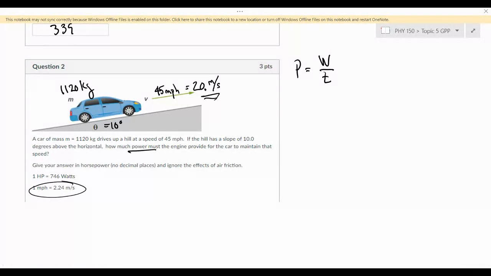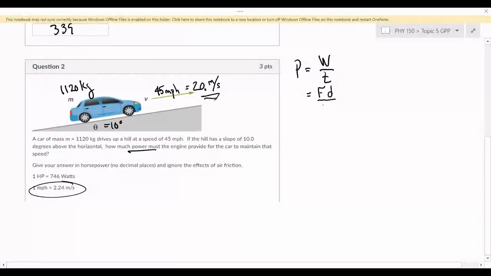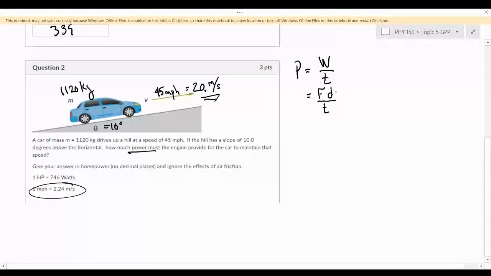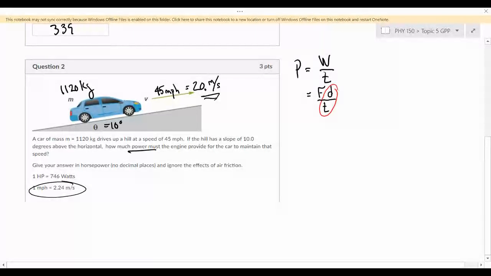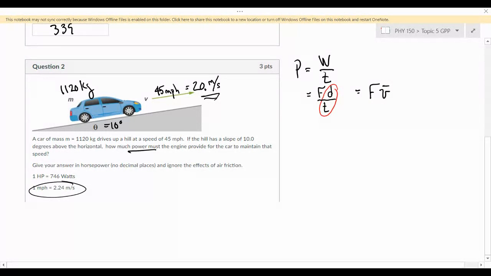Let me expand this out. Work is really force times distance, that's the definition of work, divided by time. And distance divided by time is in fact average velocity.